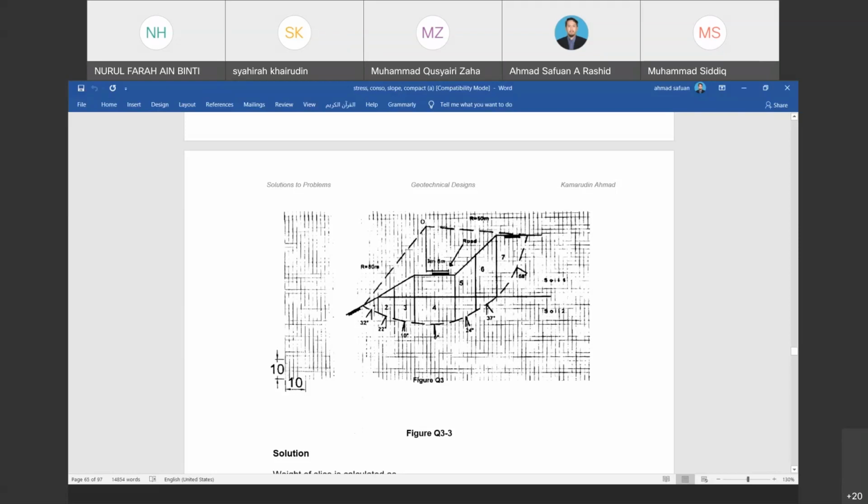When we divide into two slices, each slice only consists of one type of soil at the slip surface.